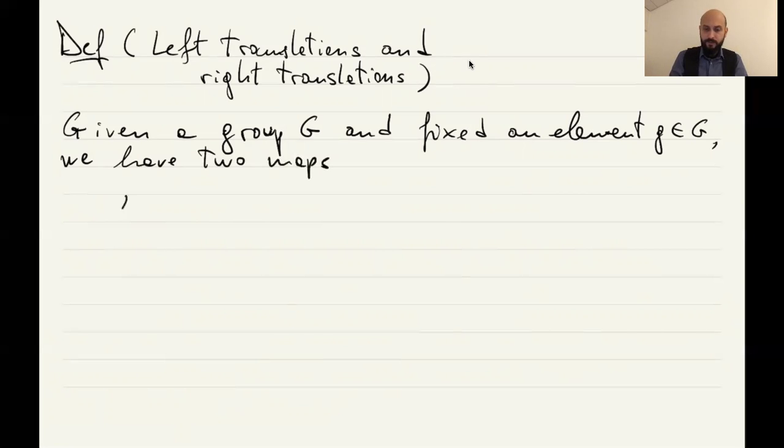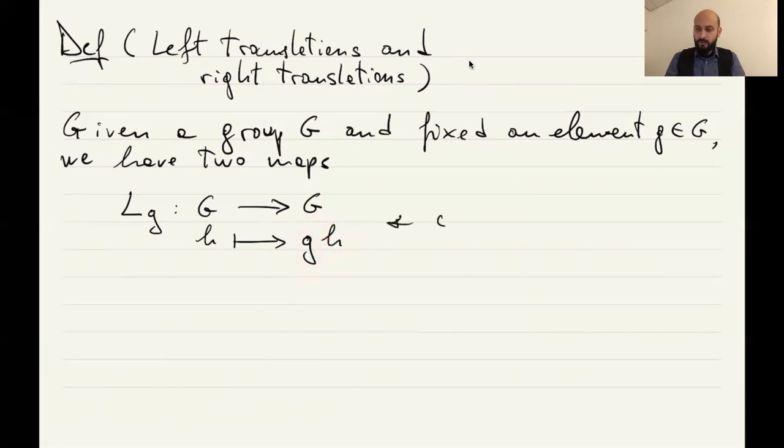We have the one called L_g. L stands for left, from G to G, to any h associate gh. You see, I put g on the left of h. So this is called left translation by g.